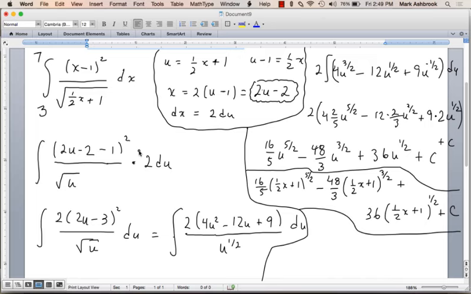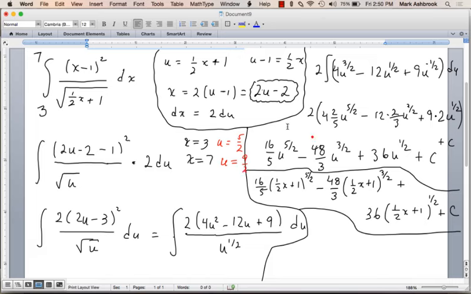But with a definite integral, we could do something different. What are the values of u when x is 3 and 7? When x is 3, u equals 5/2, is that right? And when x is 7, u equals 9/2.